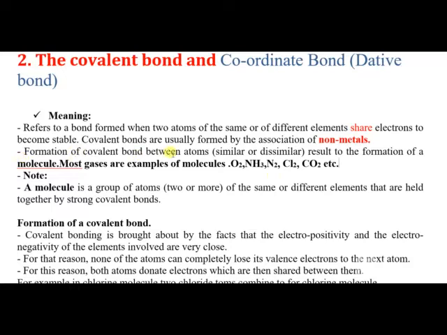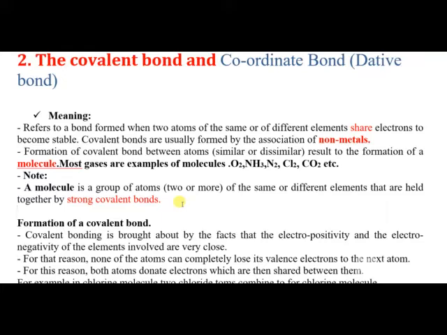Formation of a covalent bond between atoms results in the formation of a molecule. In Form 1, you must have defined what a molecule is. But if you have forgotten, a molecule is a group of atoms of the same or different elements that are held together by strong covalent bonds. That is a simple definition of a molecule.